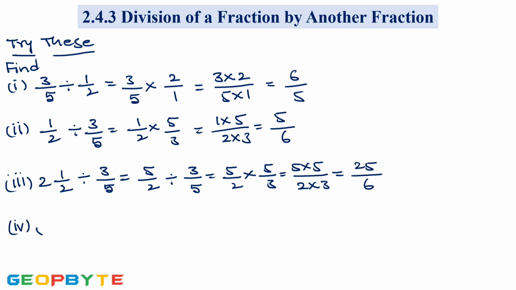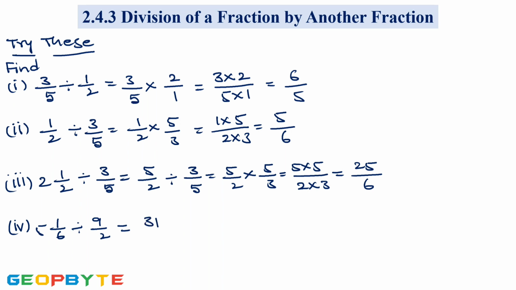Next, fourth one, 5 1 by 6 divided by 9 by 2. So in this question also we are having a mixed fraction. So we need to convert the mixed fraction into an improper fraction. That is 6 fives are 30 plus 1, 31.